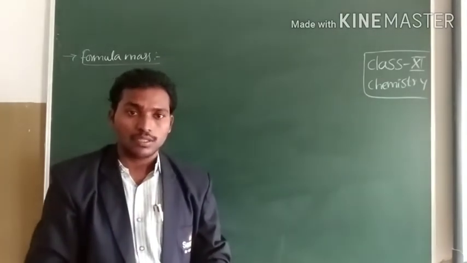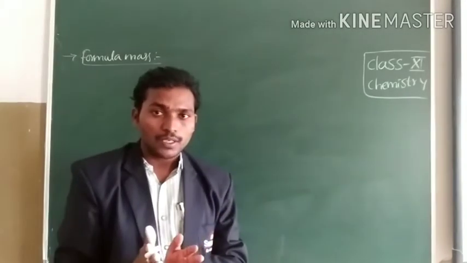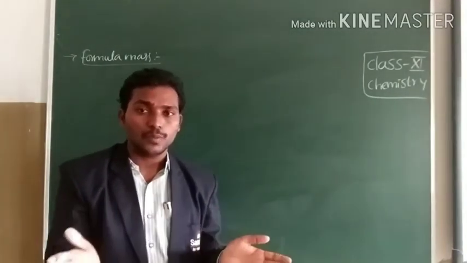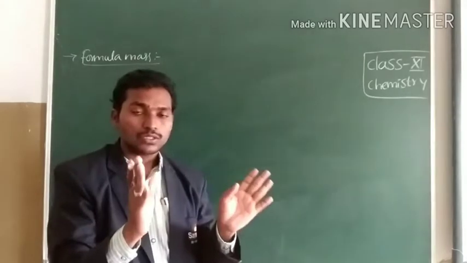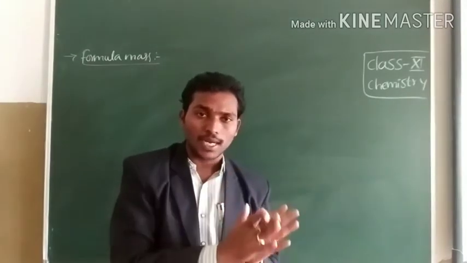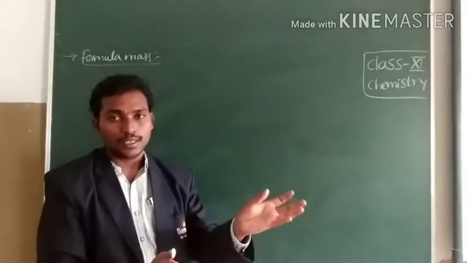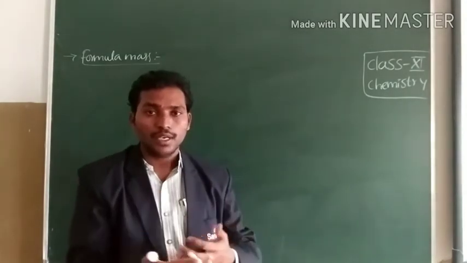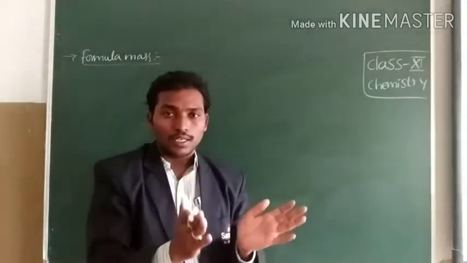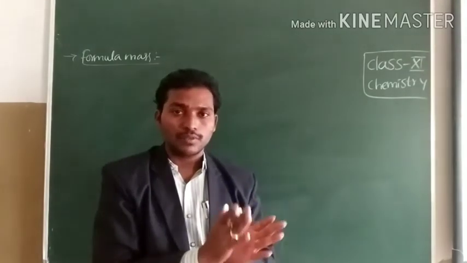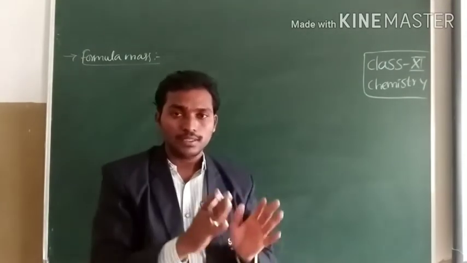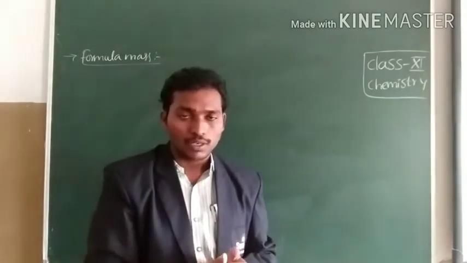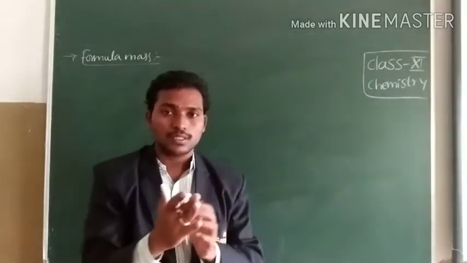This is because the constituent particles are ions in ionic compounds. Ionic compounds are formed by the strong force of attraction between the cation and anion. Cation has positive charge, anion has negative charge. These ionic solids exist as three-dimensional solid aggregates, in a three-dimensional crystal lattice.